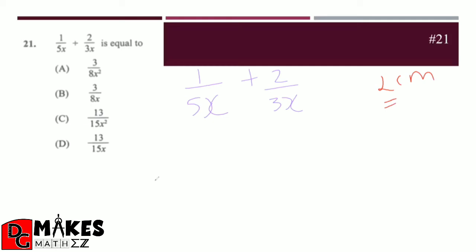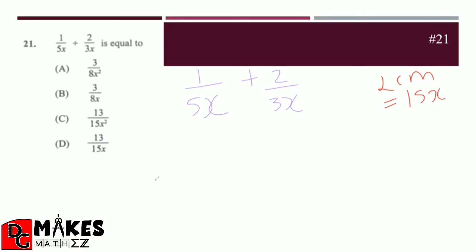The lowest common multiple. That's going to be 15x. And you can always split these apart. So you go with the numbers first. What's the LCM for 5 and 3? 15. What's the LCM for x and x? Obviously x.